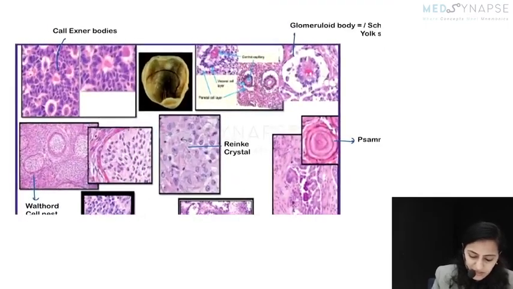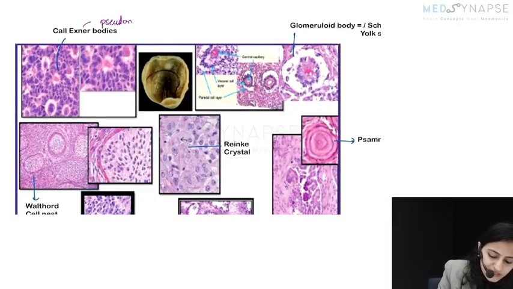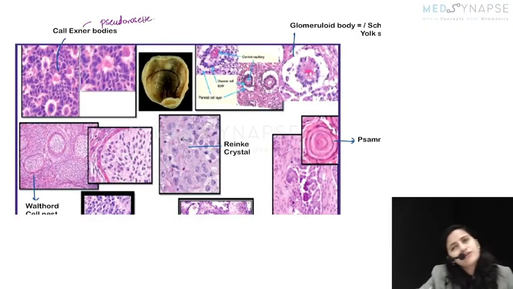Coming to the images. Paul Exner has what appearance? Pseudo rosette. Where do you see true rosettes? Exner winter senior कहाँ दिखता है? Retinoblastoma, right? True is Flexner, true friend. Retinoblastoma.